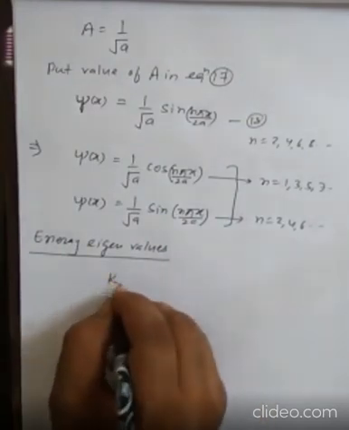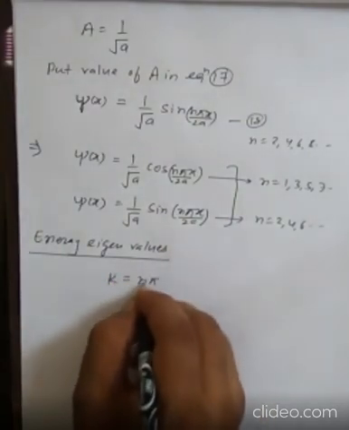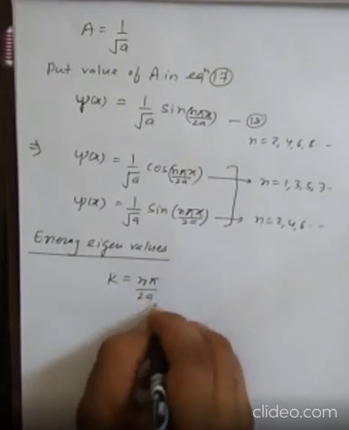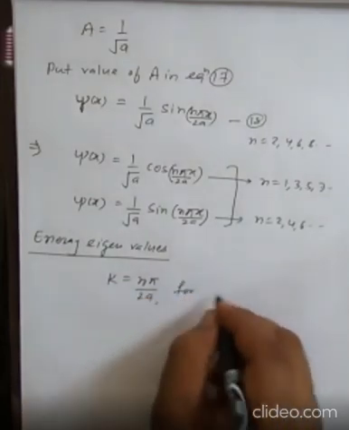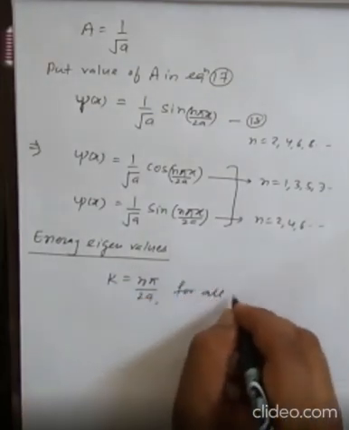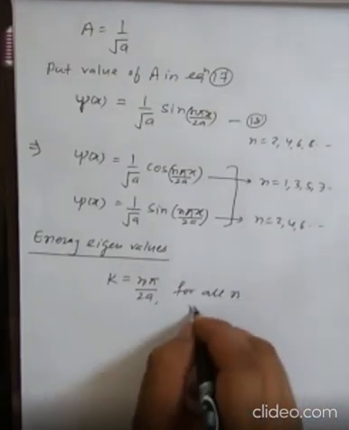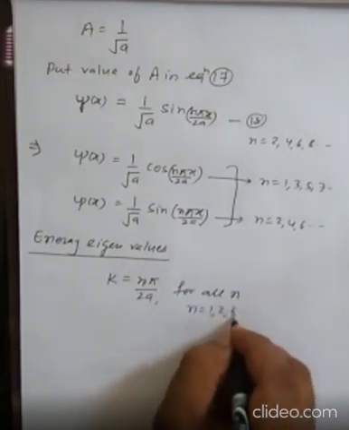So we know that the k value is n pi divided by a for all n. For all n, it means n equal to 1, 2, 3, 4.